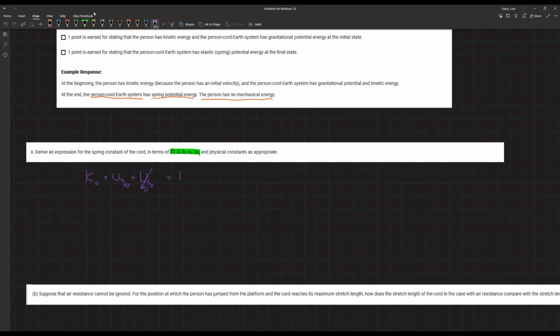And all of that is going to become, well, there's no kinetic energy at the end, no gravitational potential energy at the end, but there is going to be the spring potential energy at the end. So we can say the original kinetic energy and the original gravitational potential energy become spring potential energy at the end.